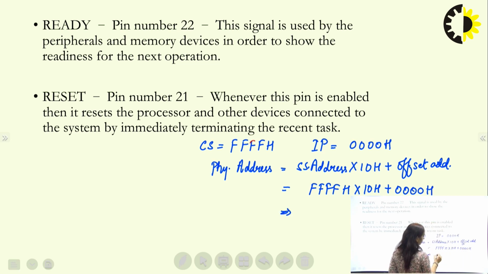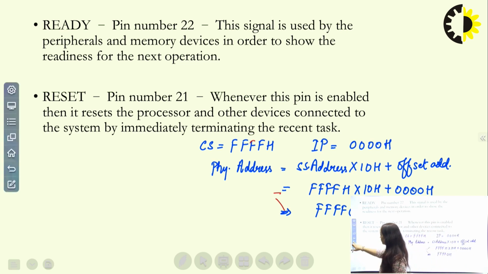Right. So the total address, which is carried by 20 address lines, will be FFFF0H. Right. So whenever your reset is executed, the microprocessor will start its execution from this address, and all the rest of the registers will be initialized to 0000H.